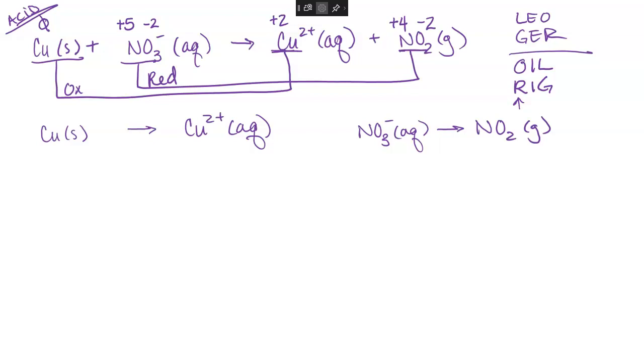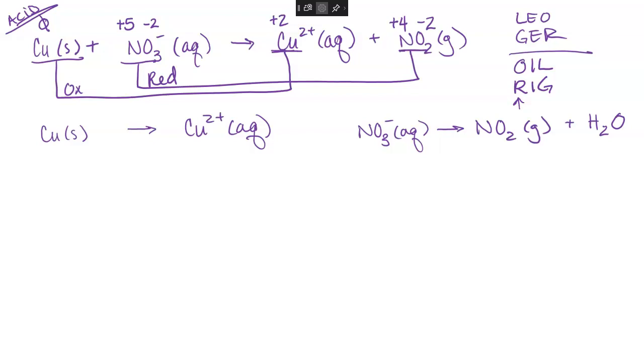Now we're going to balance which one first, hydrogen or oxygen? Oxygen first with what? Water. Left-hand reaction, do we need to? No. Right-hand reaction, product side. How many waters? Good. Okay. Balance oxygen with water.